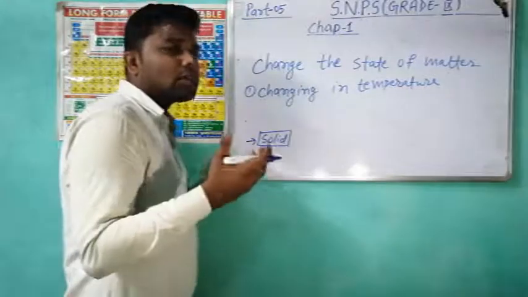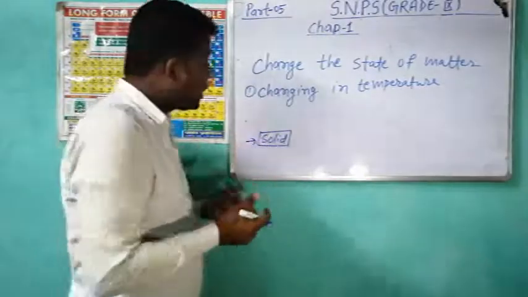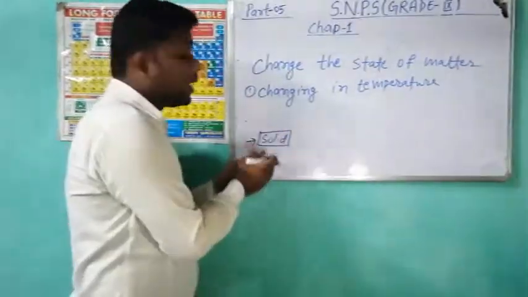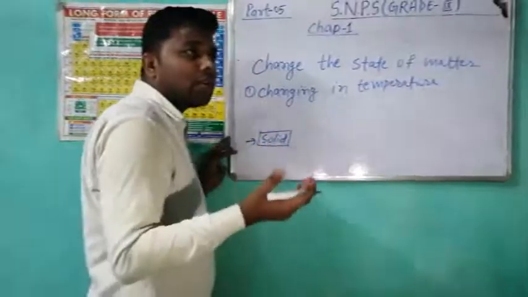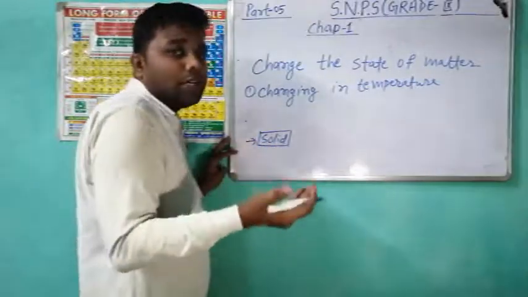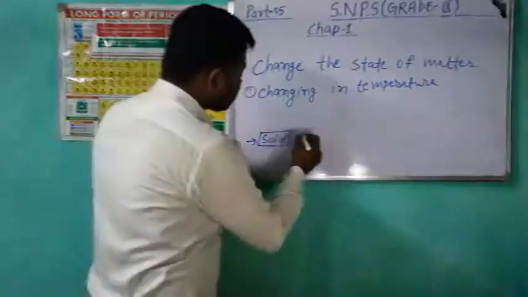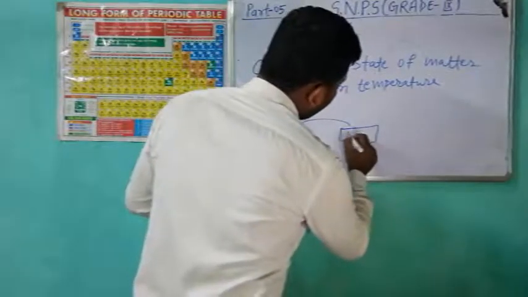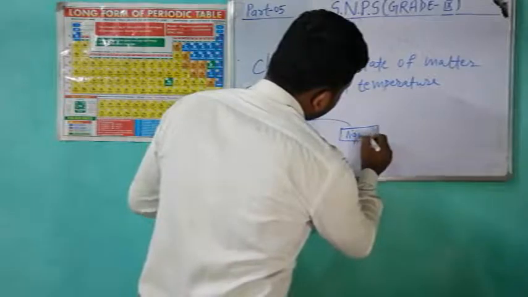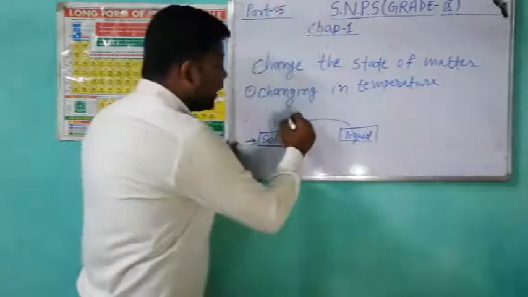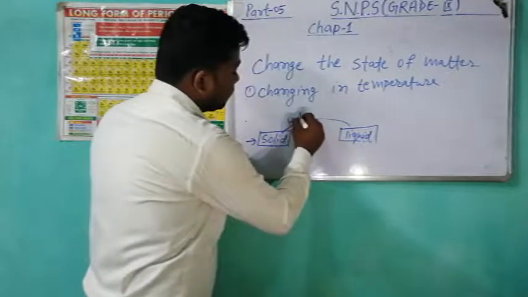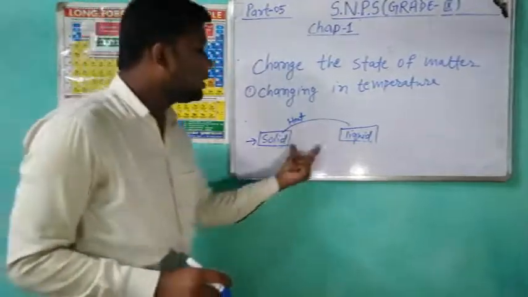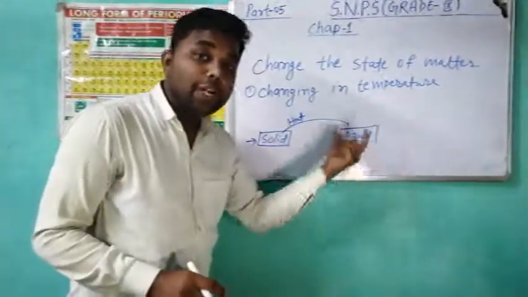Suppose we have some ice and we heat the ice, because ice is solid in state, then it is converted into liquid. So we heat the solid and it is converted into the liquid state.